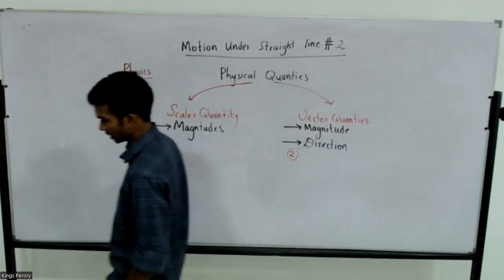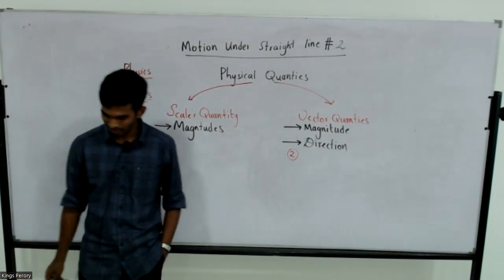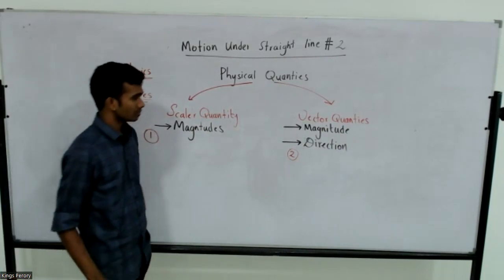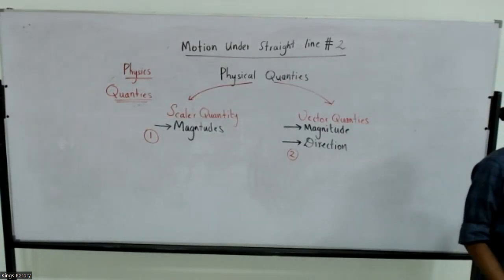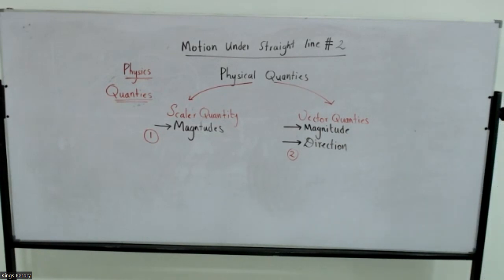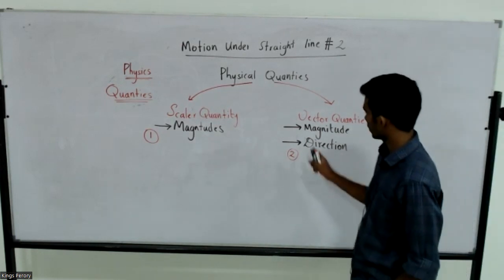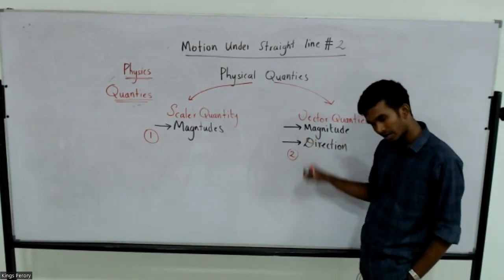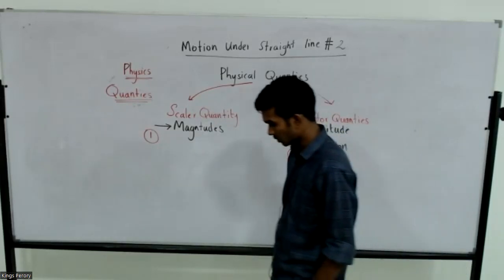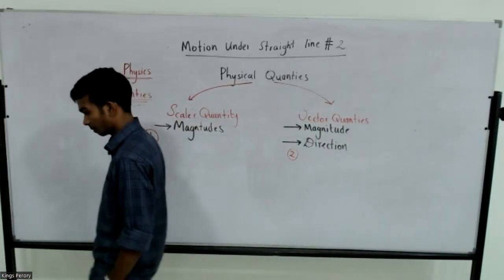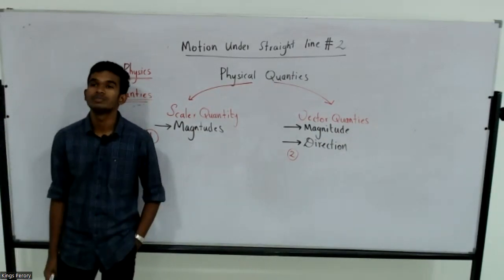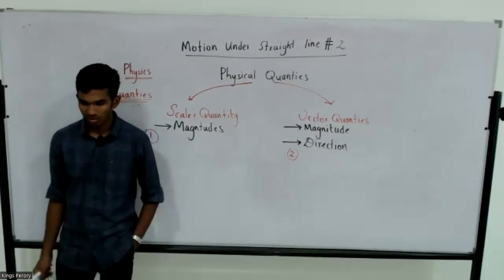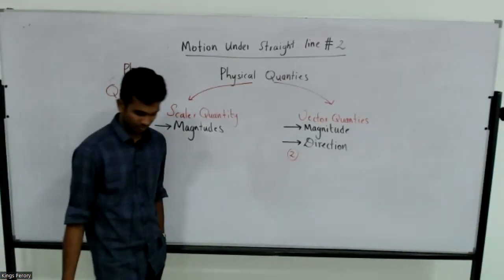Under that, write down: vector quantities are quantities with magnitude and direction.